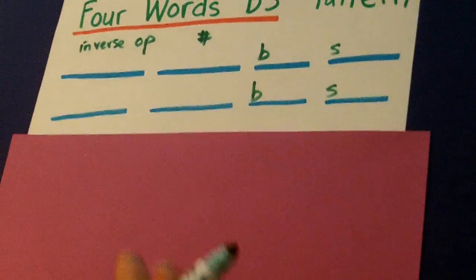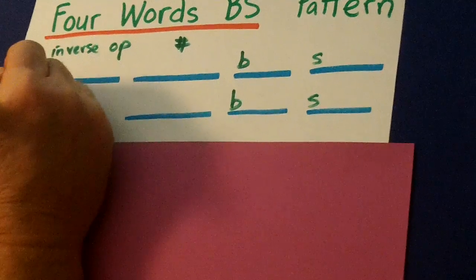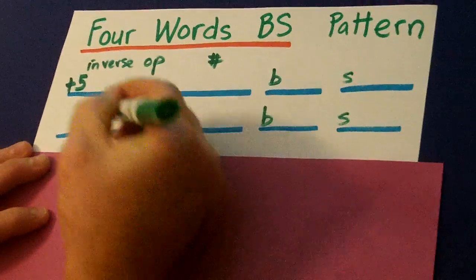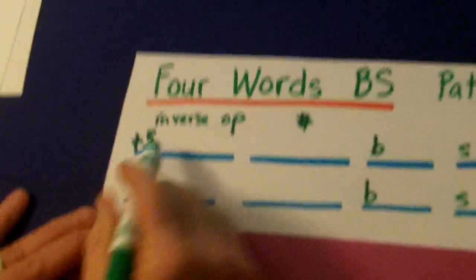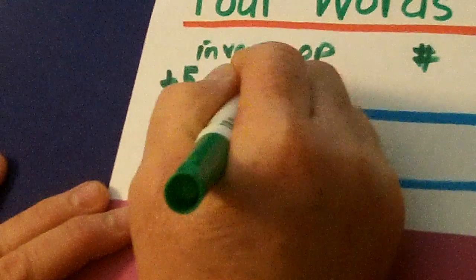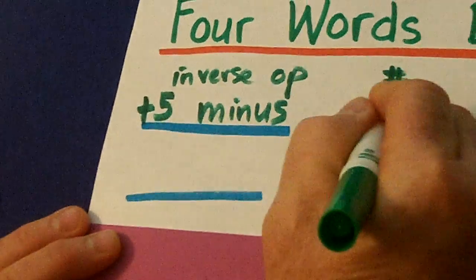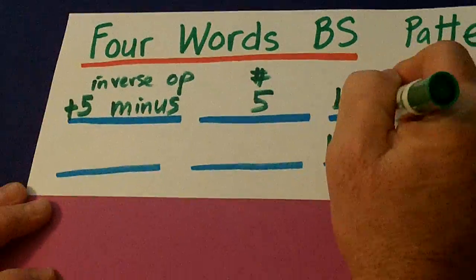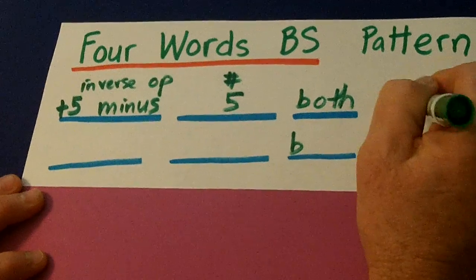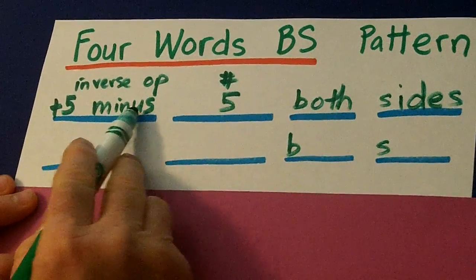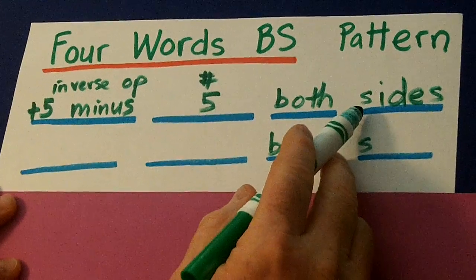So let's say we had x plus 5. Well, what's the inverse operation of plus? Minus. You write the 5 right here, and then BS stands for both sides. Minus or subtract 5, both sides.